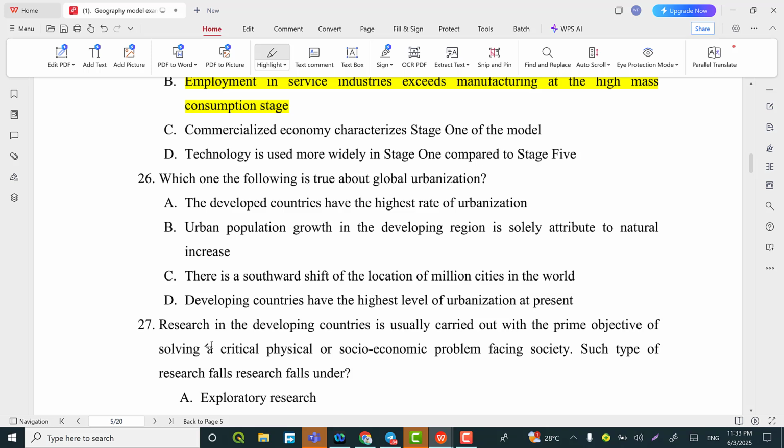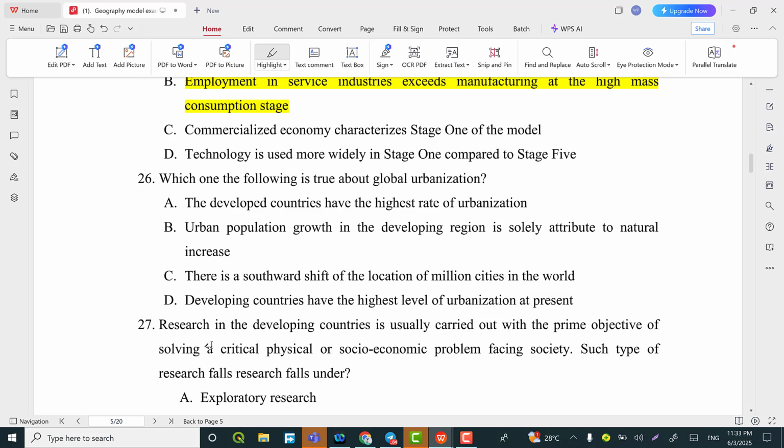So in developing countries, there is a high amount of migration from rural areas to urban centers to gain different facilities. The facilities may be health facilities, education facilities, and basic infrastructure. So this is not the answer.